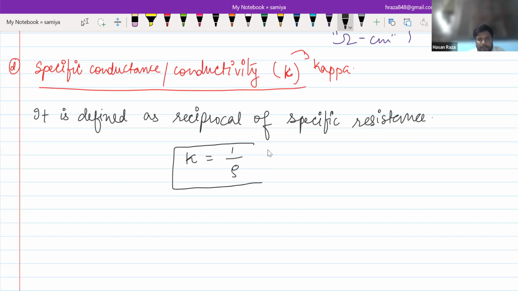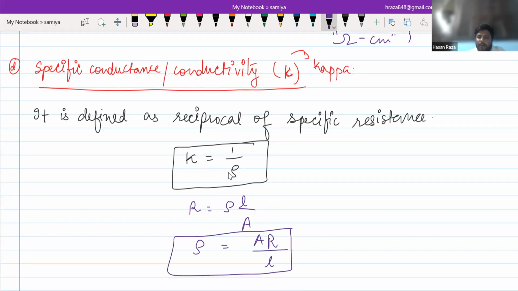Can I write it? 1 upon rho. And you also know that R is equal to rho L by A, and rho is equal to A into R upon L, or you can write R A upon L, whatever you want. And we need to calculate kappa.